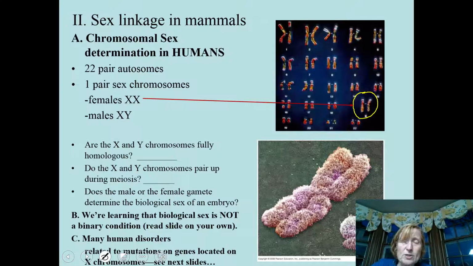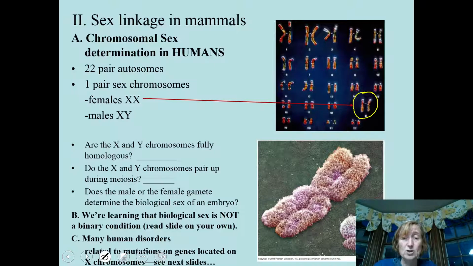And a pair of chromosomes we call the sex chromosomes that differ in biological females versus biological males. A biological female will inherit 2 long X chromosomes. A biological male will inherit 1 X and 1 Y chromosome.